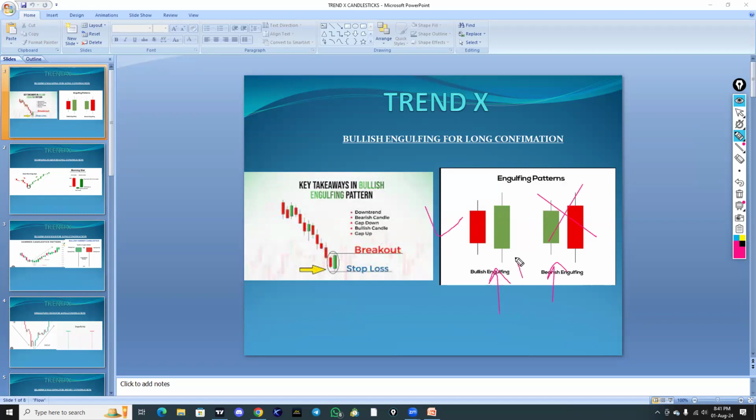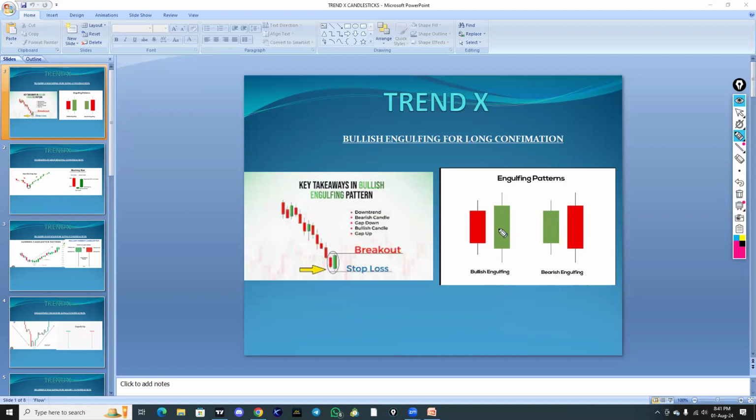The green candle should be bigger than the previous one. Sometimes we see the body will cover like this. There are different types of bullish engulfing. I'll show you in the real market how it looks.